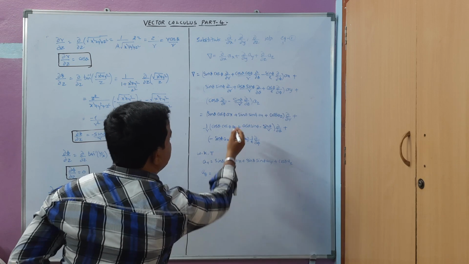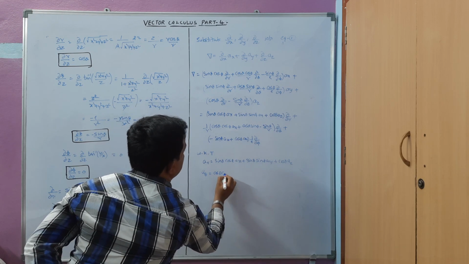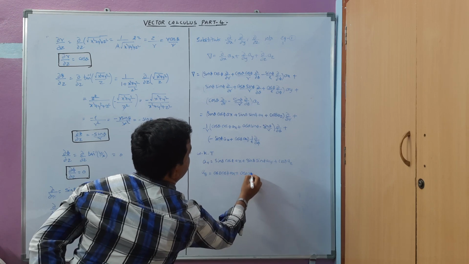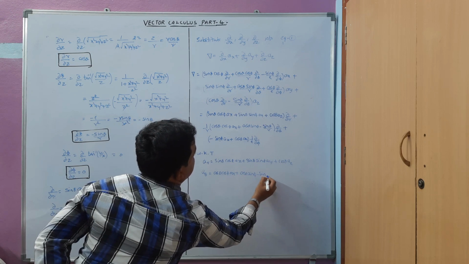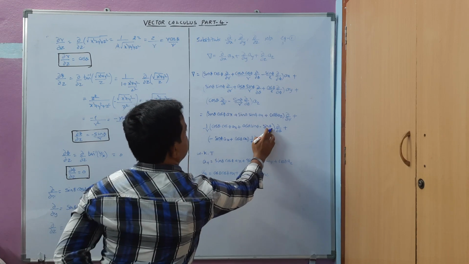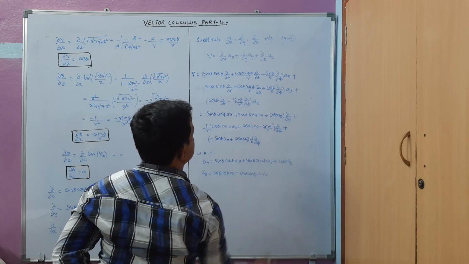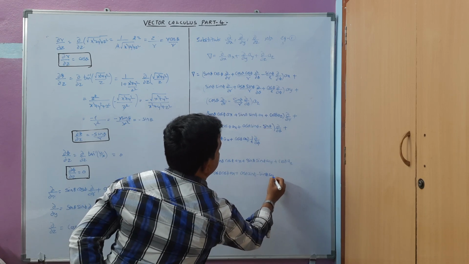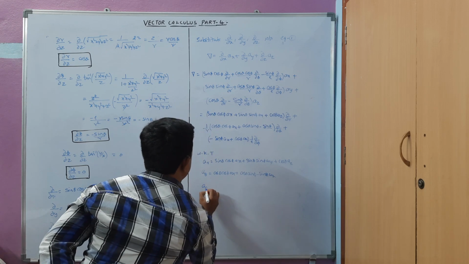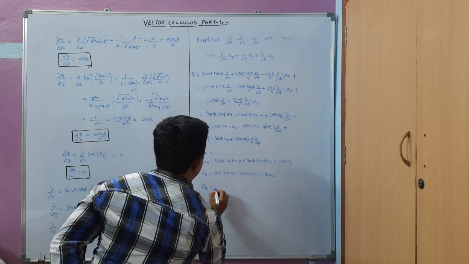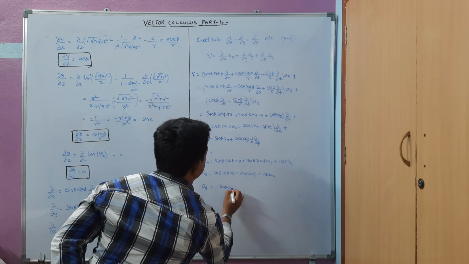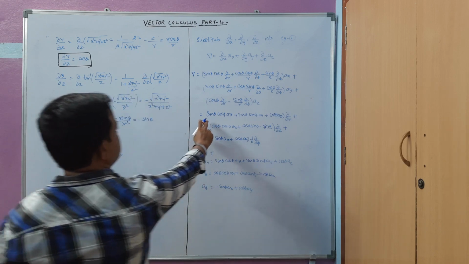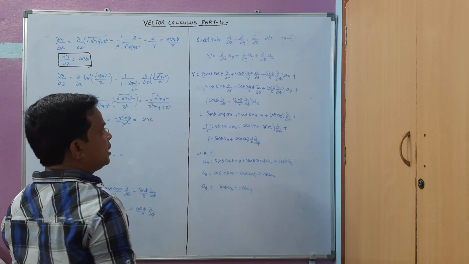A theta will be cos theta cos phi Ax plus cos theta sin phi Ay minus sin theta Az. Next a phi will be equivalent to minus sin phi Ax plus cos phi Ay. If I substitute all these, this equation will get in the compact form.